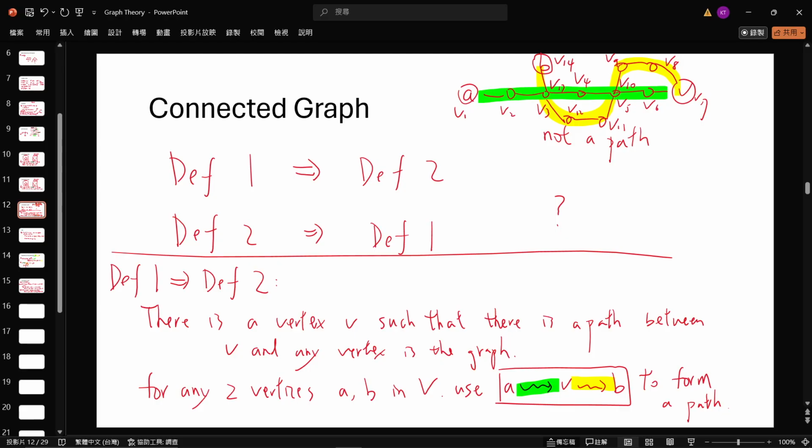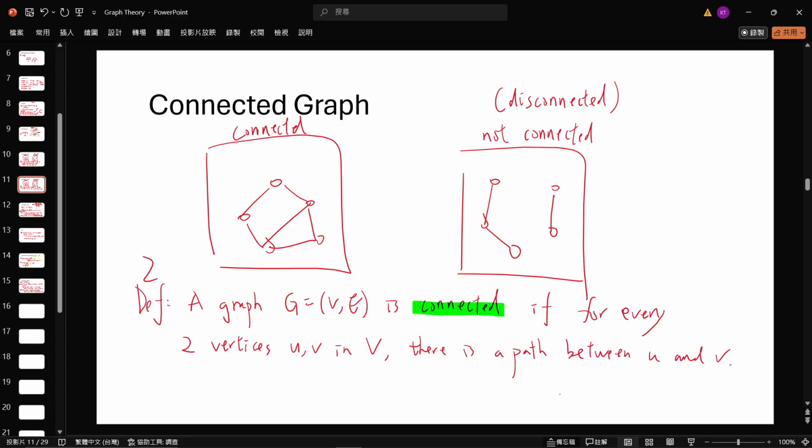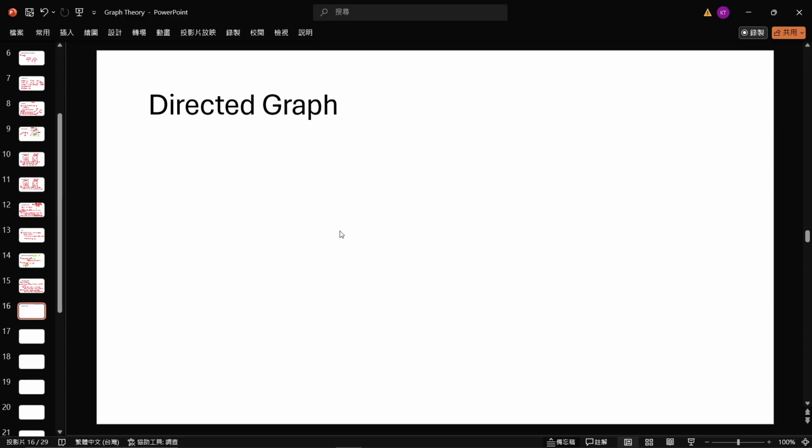I guess the reason is that if we consider directed graphs, that is, edges have directions, then naturally, if you want to define a path on a directed graph, you also have to satisfy the direction.